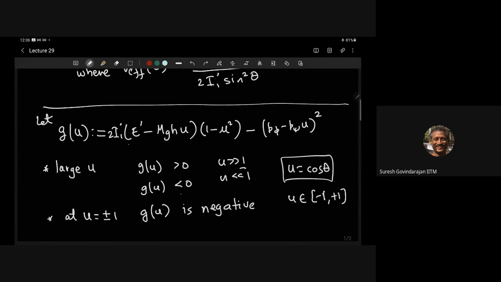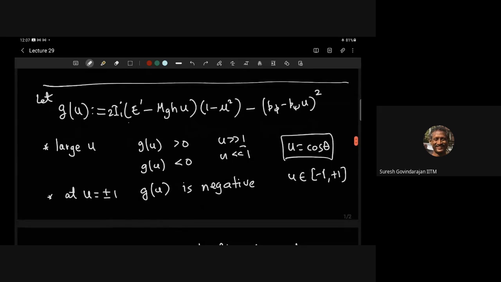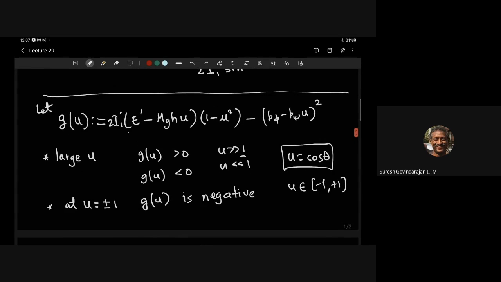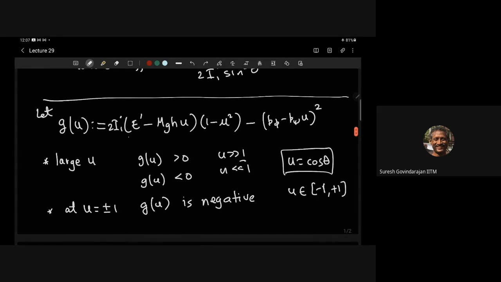For large negative u, it's negative on the other side. We can also compute at u equal to plus or minus 1, and then the first term drops out, and this is the minus of some square of something, so g of u is negative.